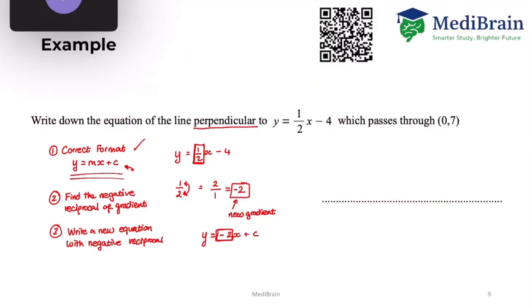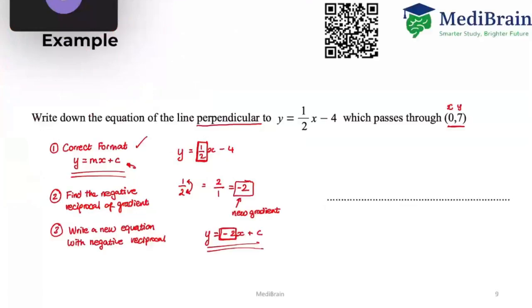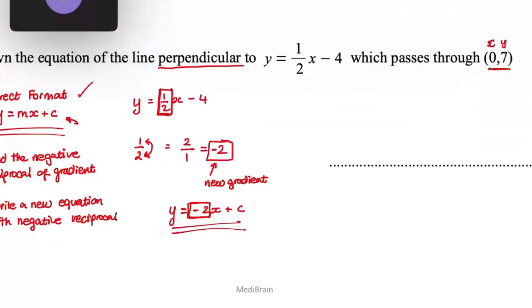Now once you've worked out the gradient, you know that it passes through these coordinates, 0, 7. This is x, this is y. The first coordinate is the x, the second coordinate is the y. So you can substitute x and y into this equation. We need to work out what c is. So x is 0 and y is 7.